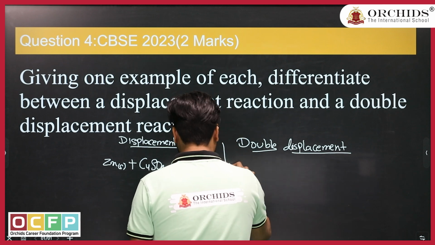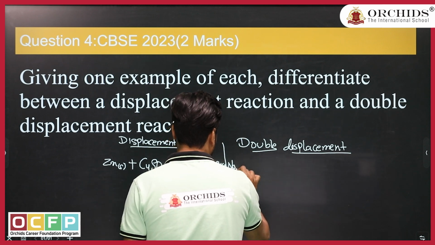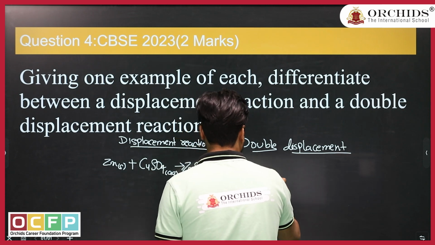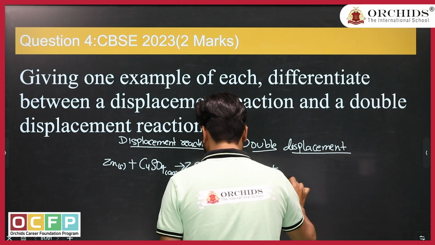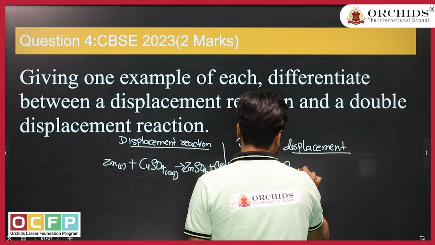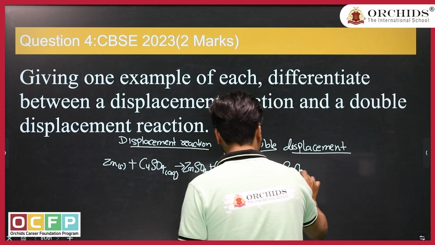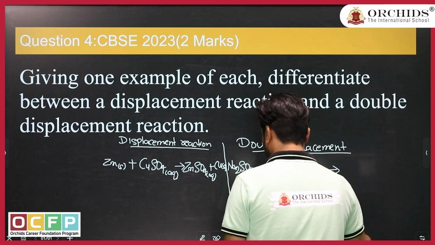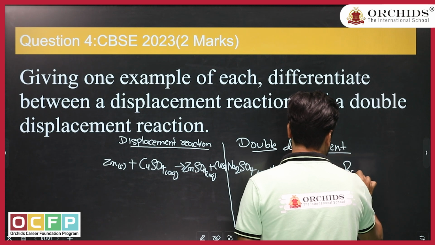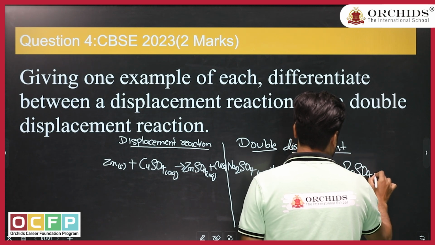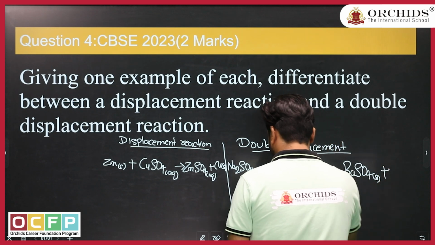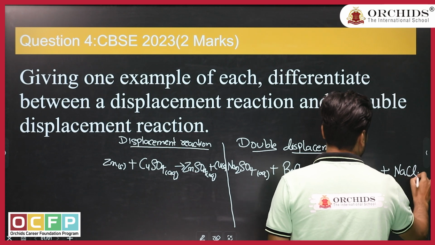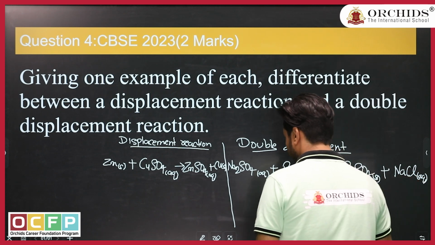And for the double displacement reaction we can take sodium sulfate aqueous plus BaCl2 aqueous mix, giving BaSO4 plus NaCl.